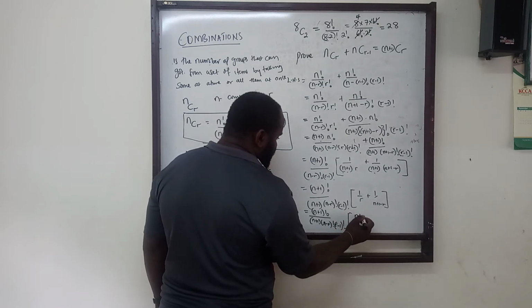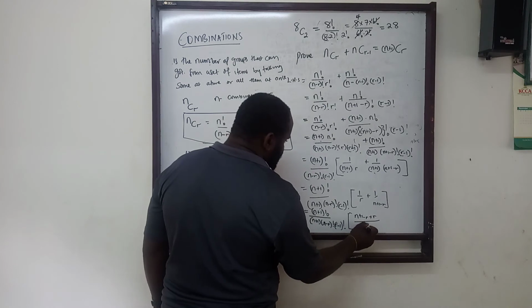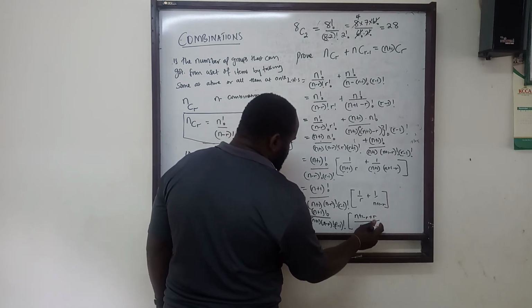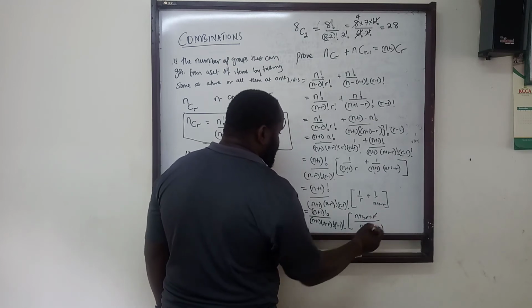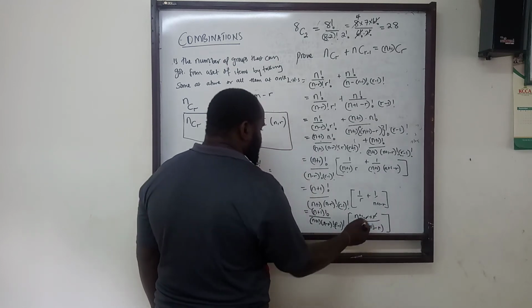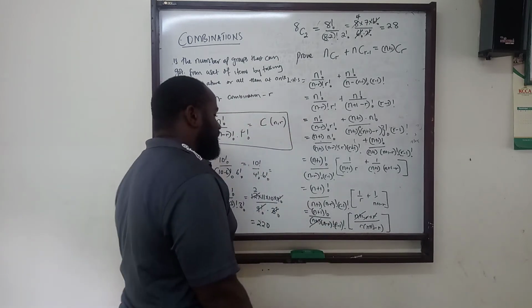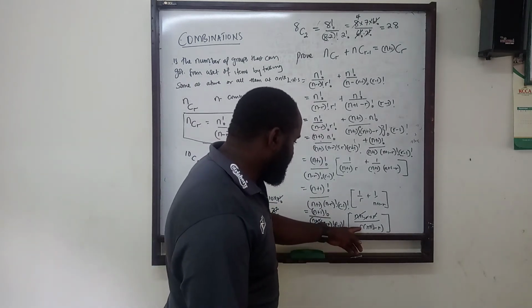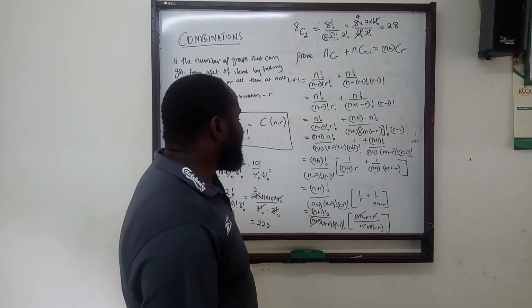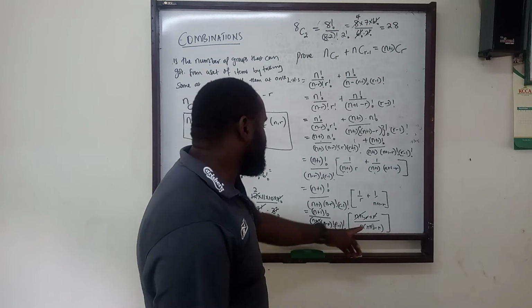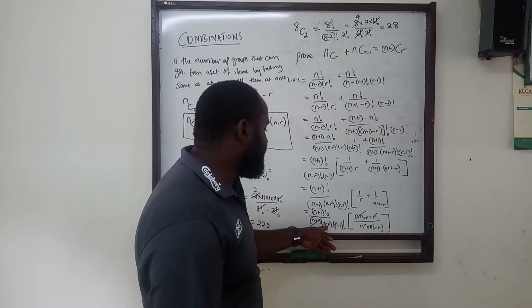Then we have n plus 1 minus r plus r, all over r into n plus 1 minus r. I can lose the r, and I'll lose the n plus 1 to this one. Then down here, we shall have r into n plus 1 minus r, which n plus 1 minus r actually is the origin of this one.